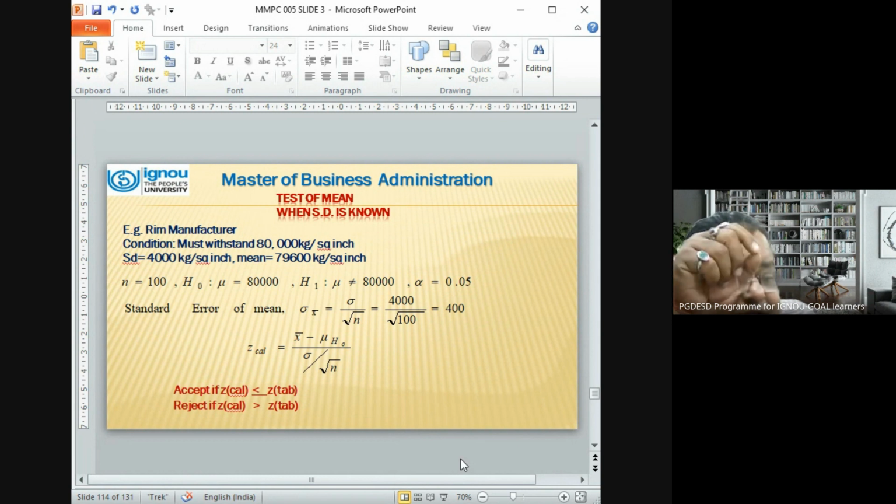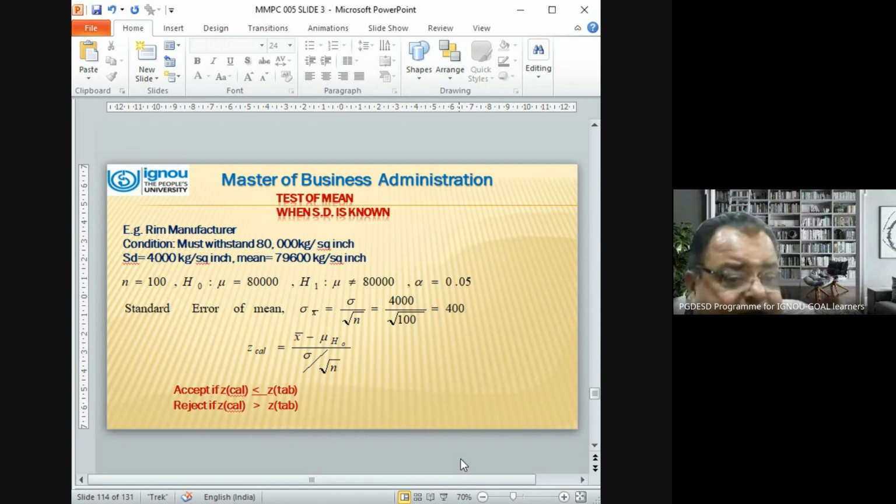Standard deviation is 4,000 kg per square inch and mean is 79,600 kg per square inch. We have to identify what is H naught and what is H1.